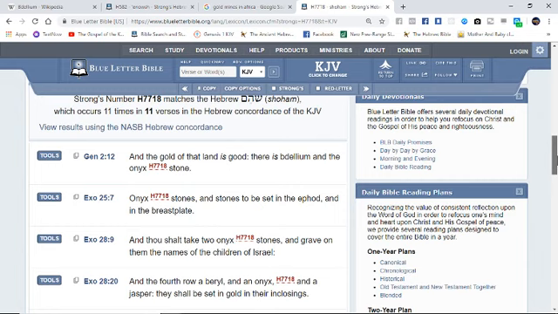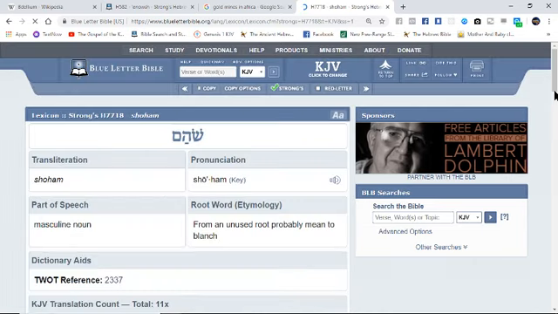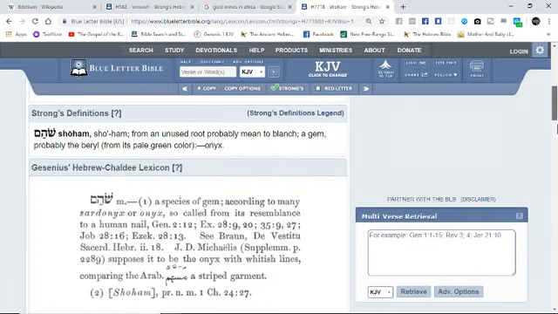But then as we continue, I'm going to scroll down here and open up my concordance. I'm doing this for a reason. I'm going to point out something here.